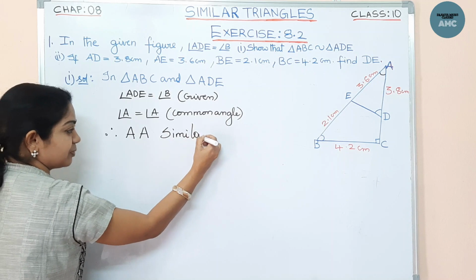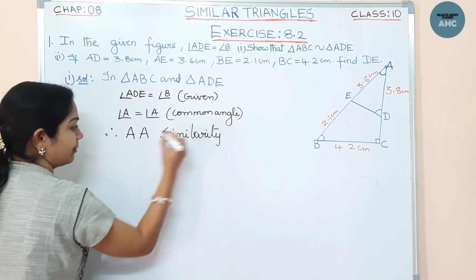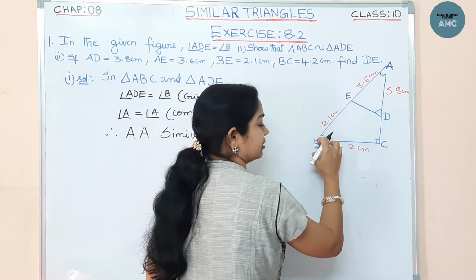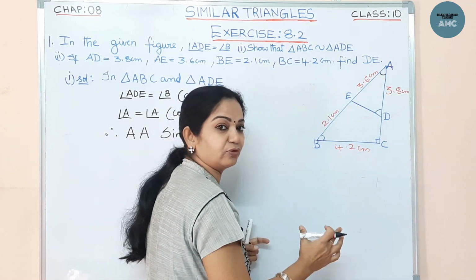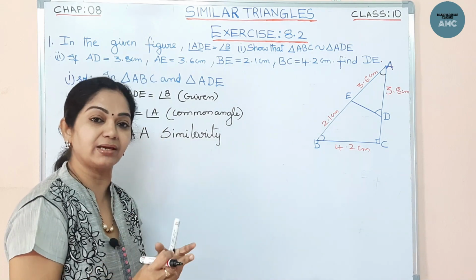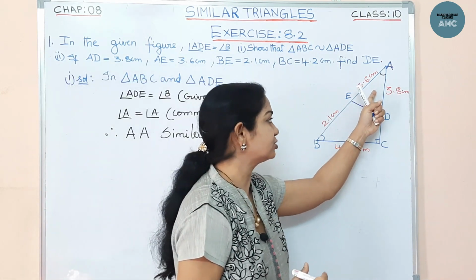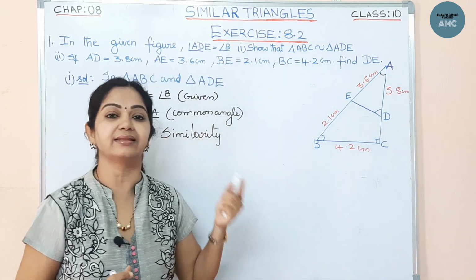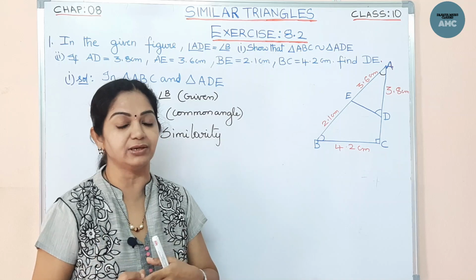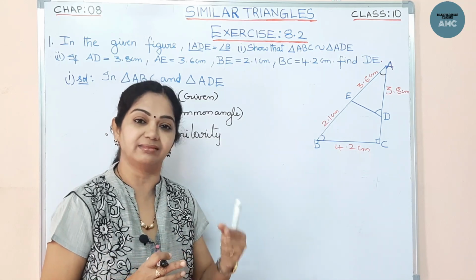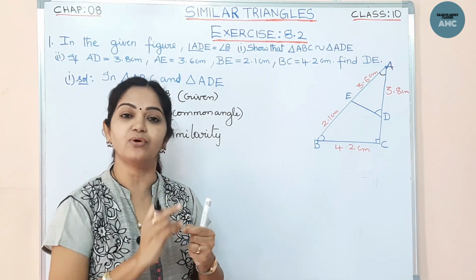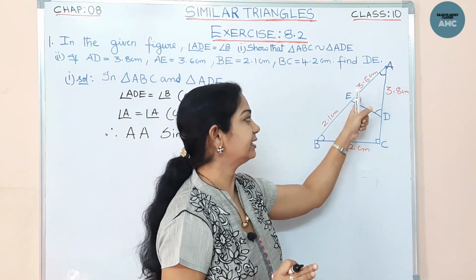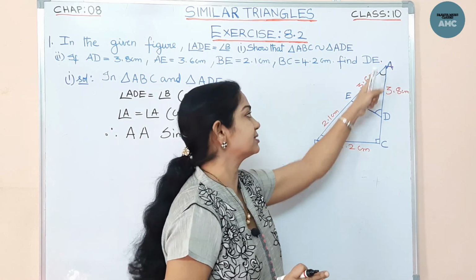So you understood this point? Why am I not checking the other angle? Two angles are equal, this angle and this angle, whereas angle A is common for both of them. So the corresponding two angles are equal. So I am telling you these two, the smaller triangle and the bigger triangle, are similar, because the third angle will naturally be equal. Why? Because the sum of all three angles is 180. So how do you find the third angle here? It is 180 minus this sum.